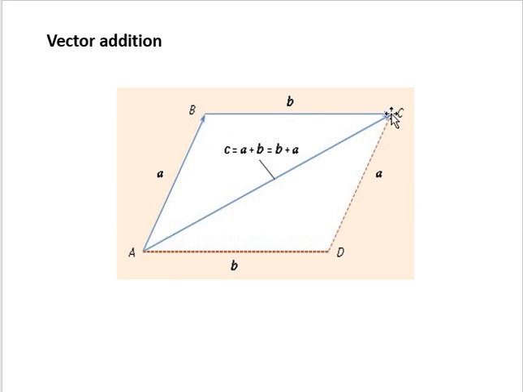Or in the other direction, a plus b. Both denote the middle resultant vector, that is vector c. So this is vector addition.